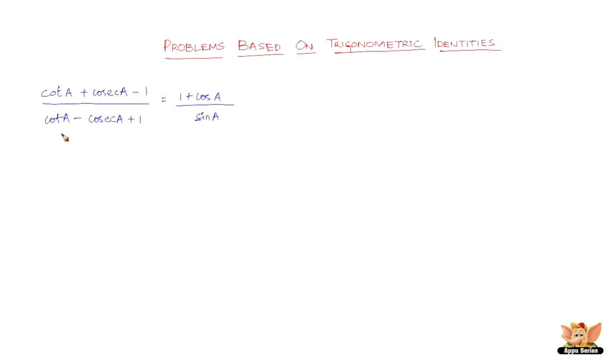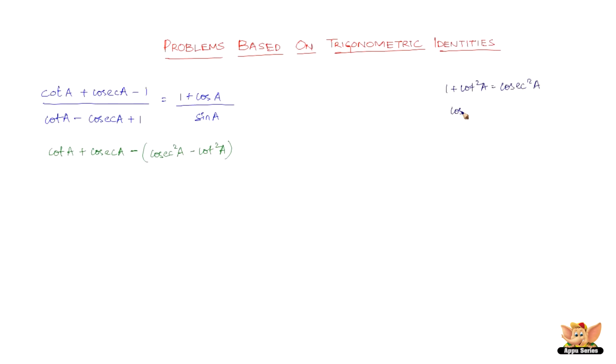So let's start off with this term, (cot A + cosec A − 1) / (cot A − cosec A + 1). Let's write cot A + cosec A as it is. What I'm going to do to 1 is replace it by cosec² A − cot² A. If you're wondering how I did that, we know that 1 + cot² A equals cosec² A, right?